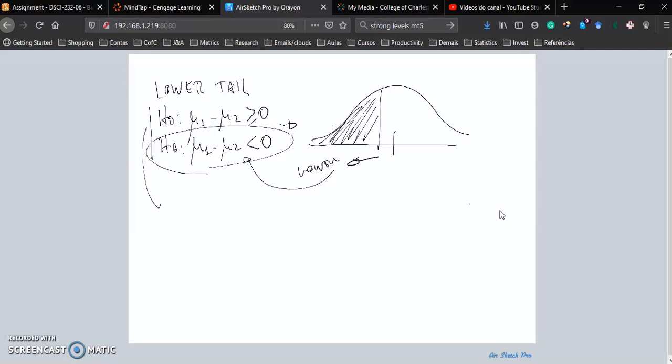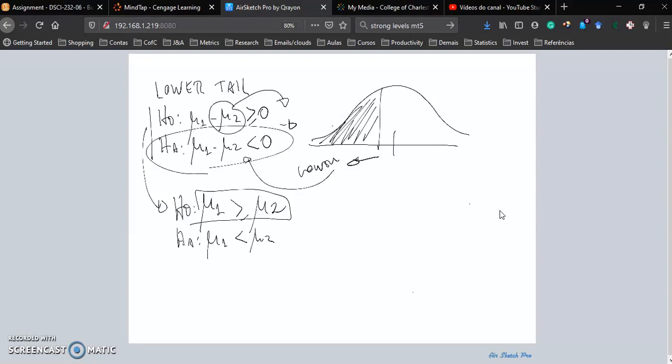I also can turn this hypothesis into mu1. If I move this mean to the other side, it will be mu1 higher or equal than mu2, and the alternative is that mu1 is smaller than mu2.